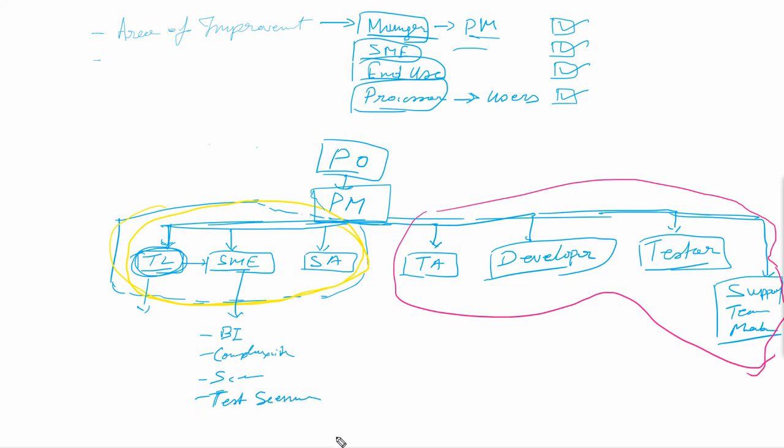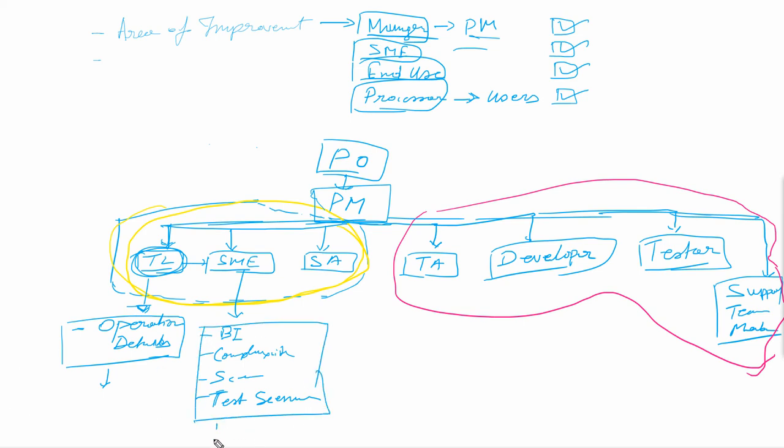So the team lead's responsibility is the operational side. He is aware of the operational details and the process details. The subject matter expert, if I sum it up, is aware of the process related things.